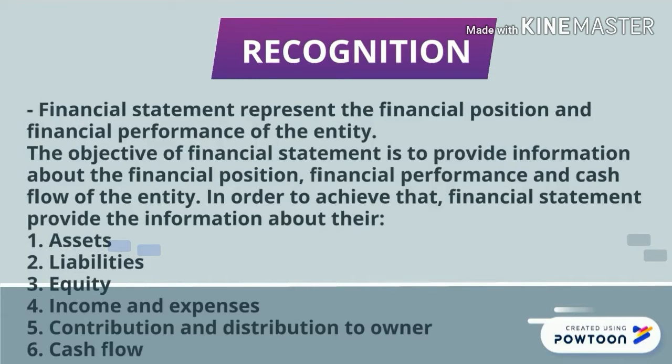In order to achieve that, financial statements provide information about, first, assets, second, liabilities, third, equity, fourth, income and expenses, fifth, contribution and distribution to the owner, and last but not least, the cash flow of the entity.